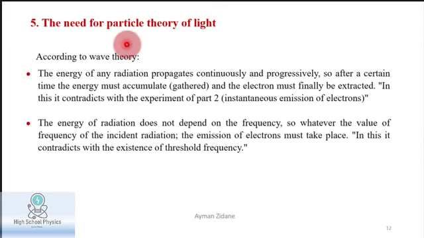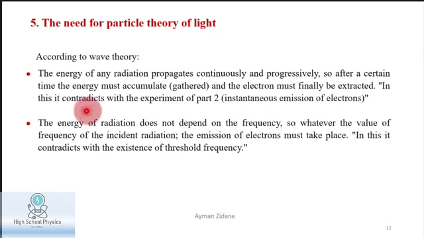According to wave theory, the energy of any radiation propagates continuously and progressively. So after a certain time, the energy must accumulate or be gathered, and the electron must finally be extracted.